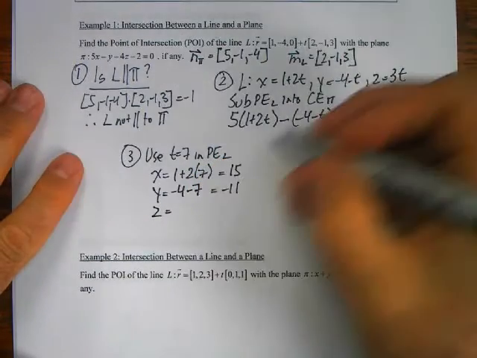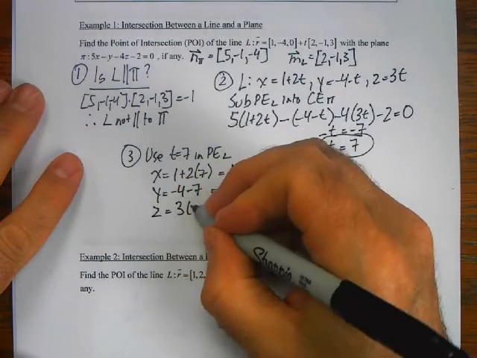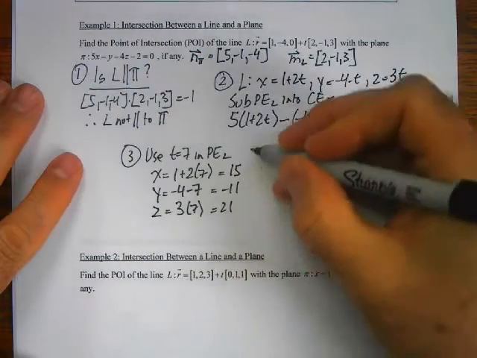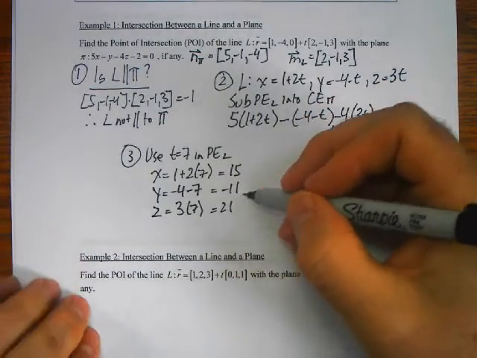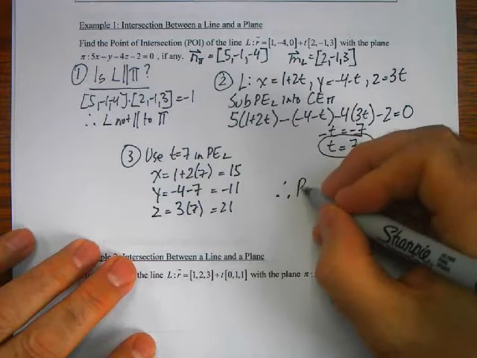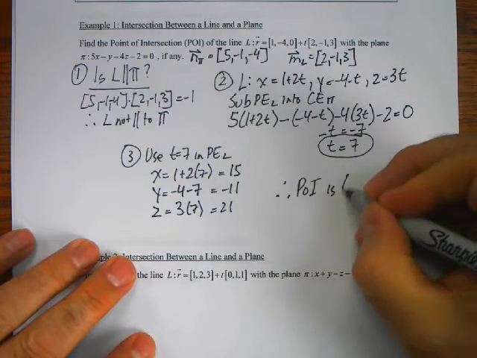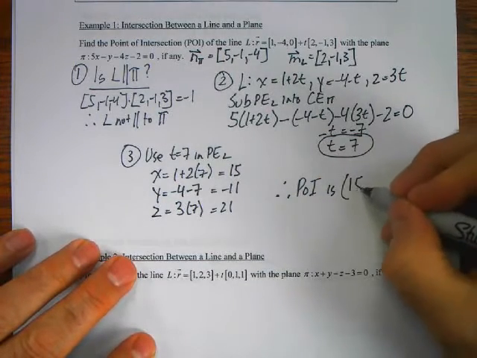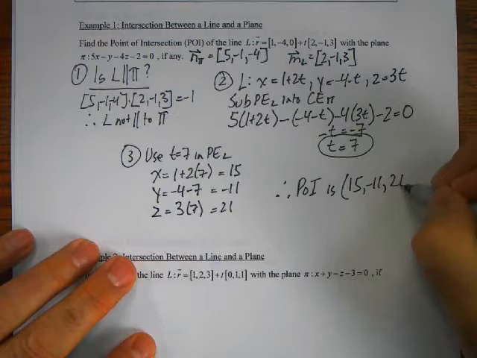And then z is 3t, so 3 times 7 is 21. Those are the x, y, and z coordinates for the point. So therefore, the point of intersection is the point (15, -11, 21).